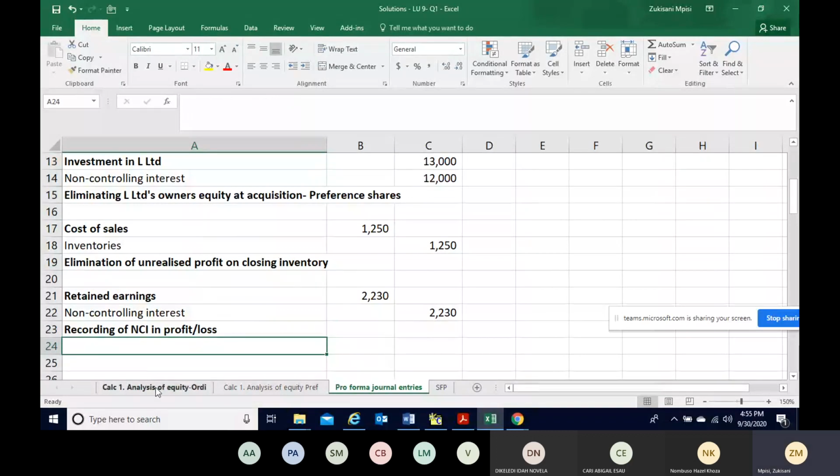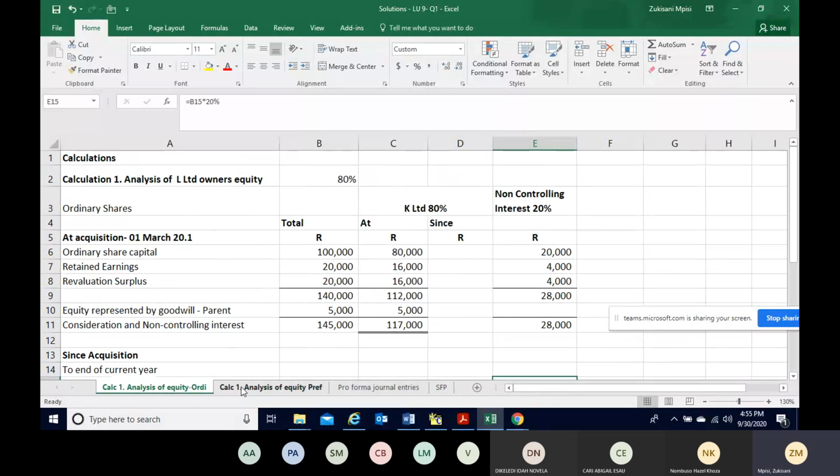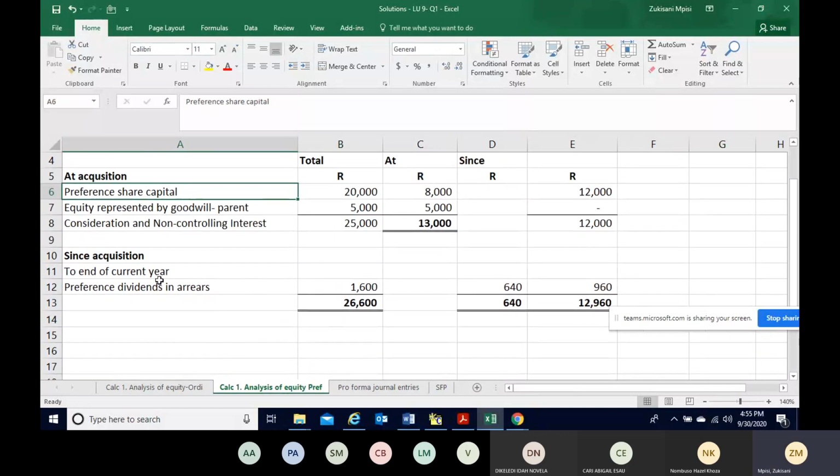So we have done all possible journals that we can do on analysis of equity for ordinary shareholding. On the owners' equity, the preference share side, we have done at acquisition. Since acquisition, this 1,600 is not yet paid, so we cannot have it affect our retained earnings because it's in arrears.